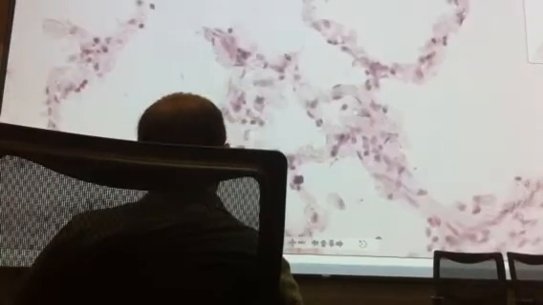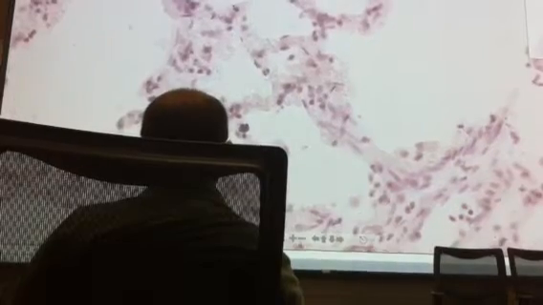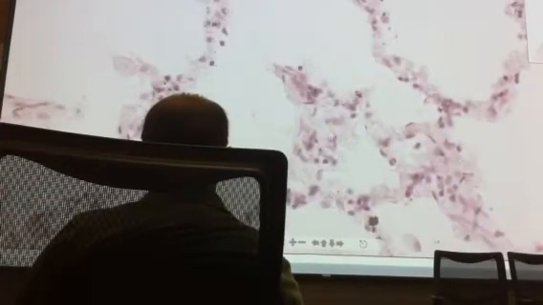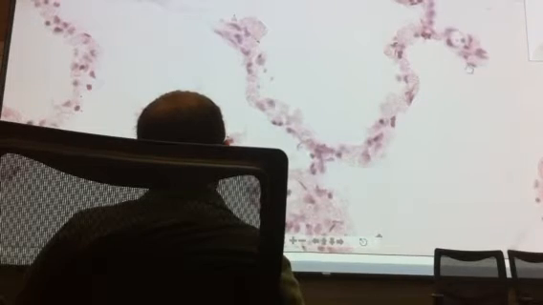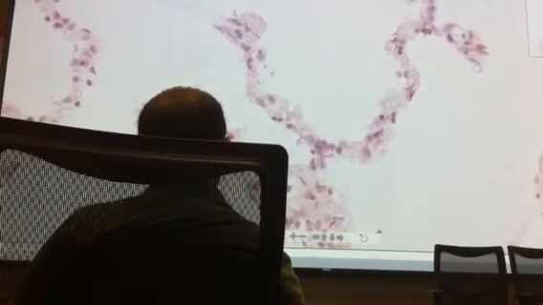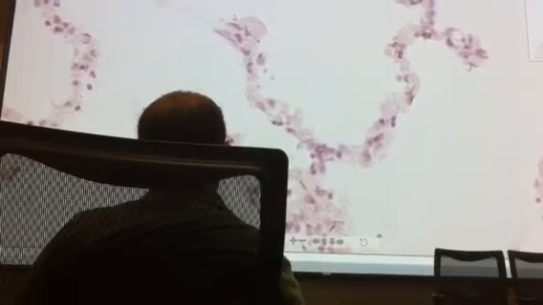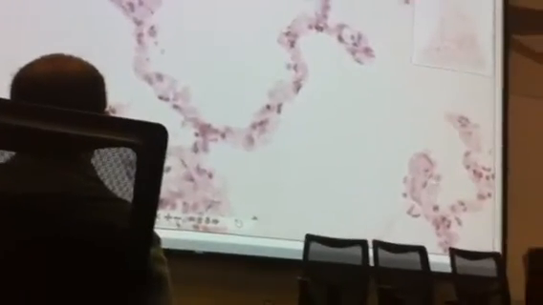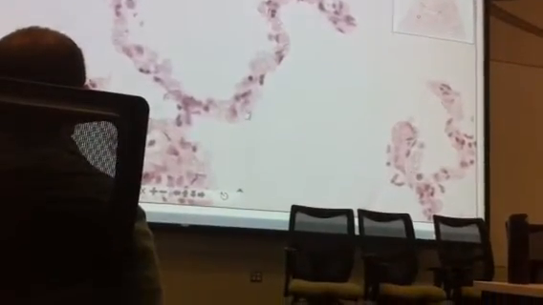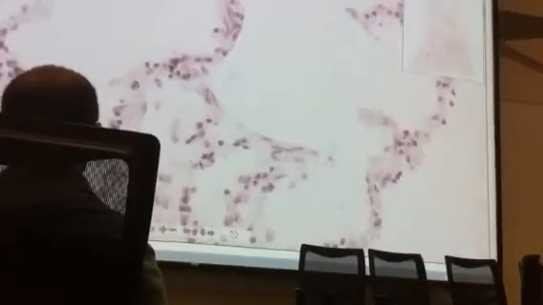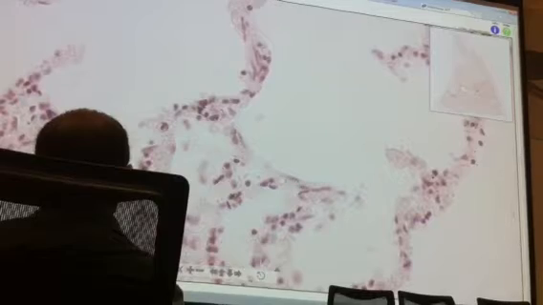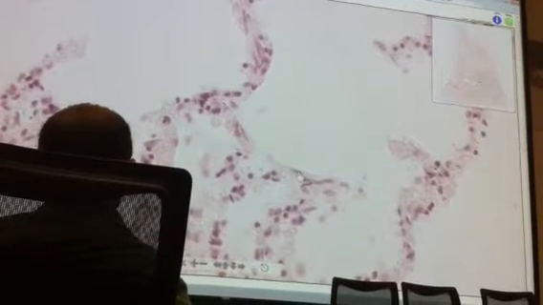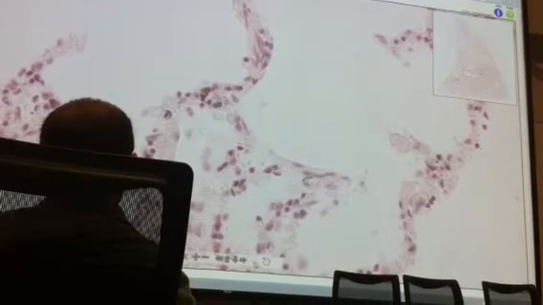Okay, and then if you go to higher power, you can start to see some of these structures. So like I said, if you see a squamous cell on the surface, like here, and here, and here, and here, the squamous cells on the surface are going to be the type 1 histology. This one right here is on the surface, but this one's in the wall.